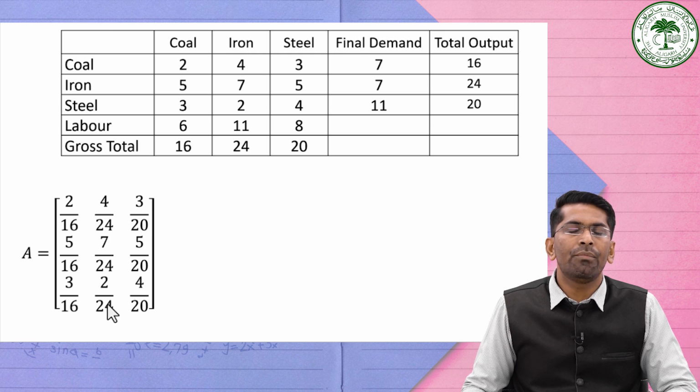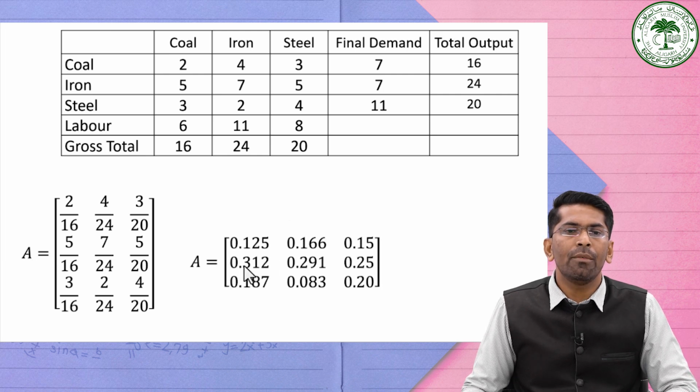We are going to simplify this matrix, and we denote it as matrix A, which is the technical coefficient matrix. We simplify it by dividing each number. Here, 2 by 16 is equal to 0.125, 4 by 24 is equal to 0.166, 3 by 20 is equal to 0.15, and accordingly each number can be divided, and we will get the 3 by 3 matrix like this.